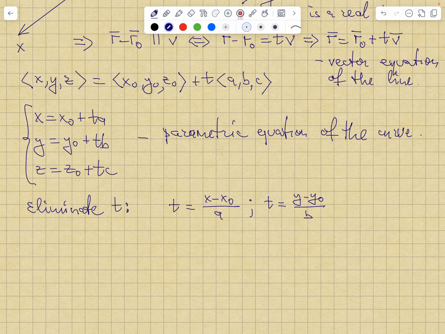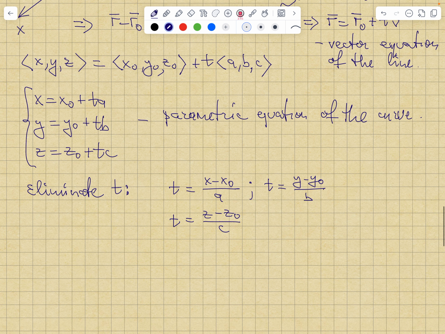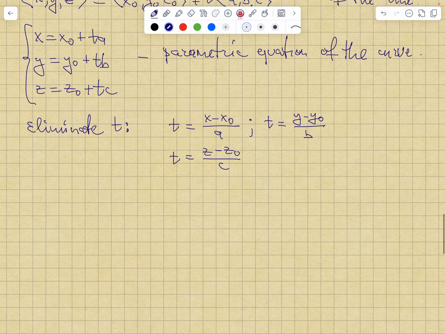And the third gives t equal to z minus z0 over c. Now you see that all of these three t's must be exactly the same t.